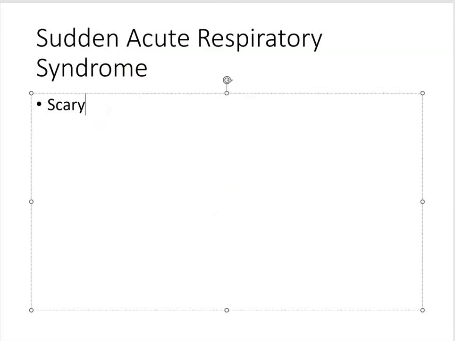This was scary. It was caused by a virus called SARS-CoV. SARS coronavirus is what caused this. And it is spread by droplets.